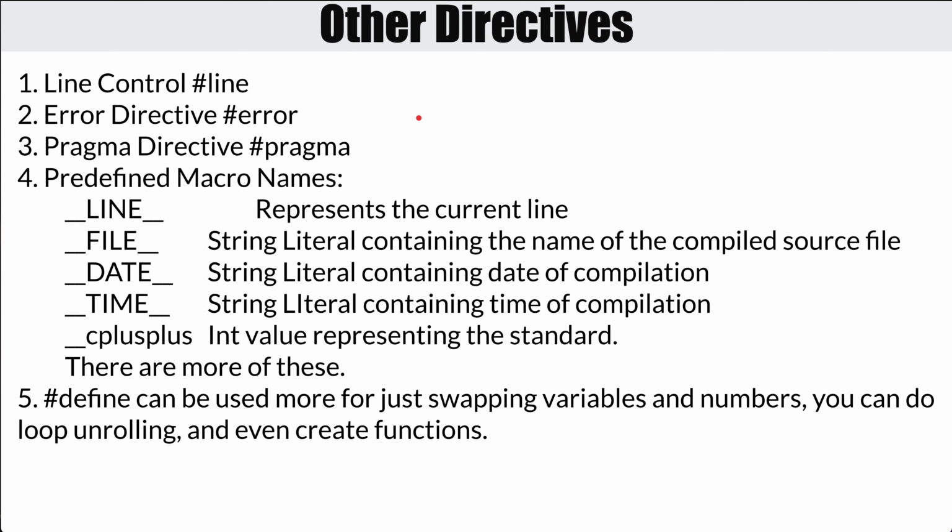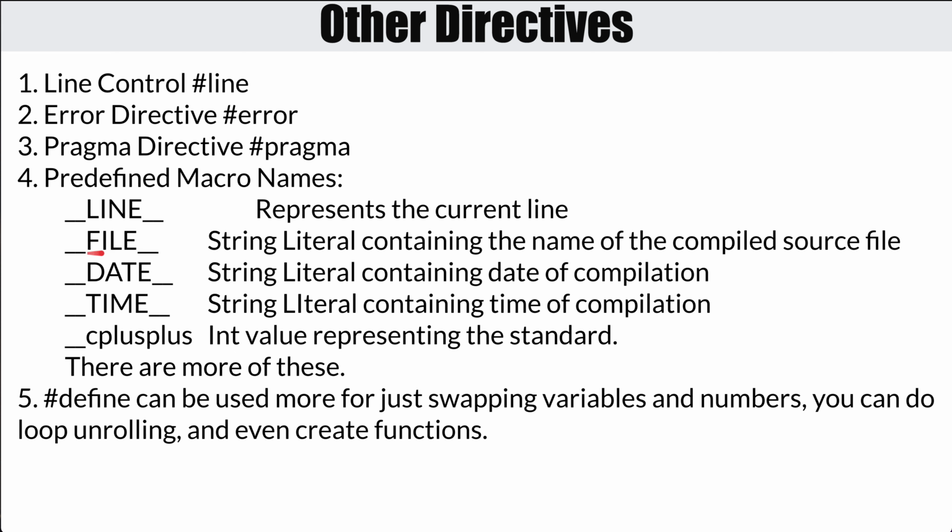Now there are more directives. There's a ton of them. These are just some of them, not all of them. So we have line control, we have error directives, we have a thing called a pragma directive, which actually simplifies that header guard, where you can just write pragma once, but we're not going to do that one today. And then we even have predefined macro names, like this would print out the current line of code that you're running. And this is 2 underscores at the beginning and 2 at the end.